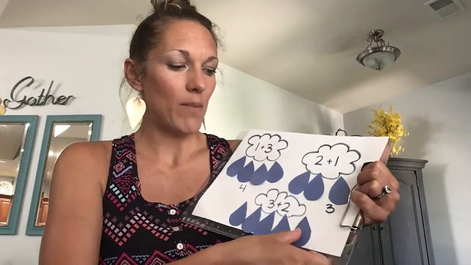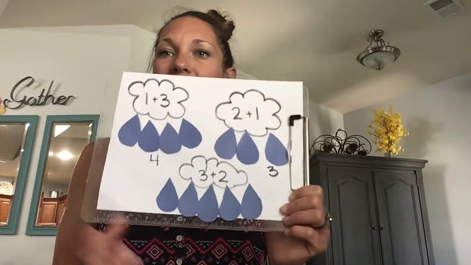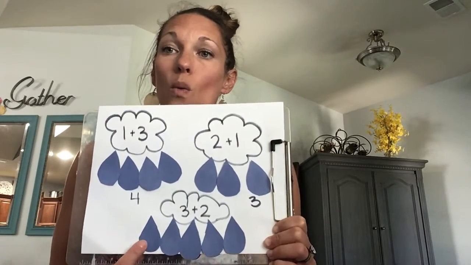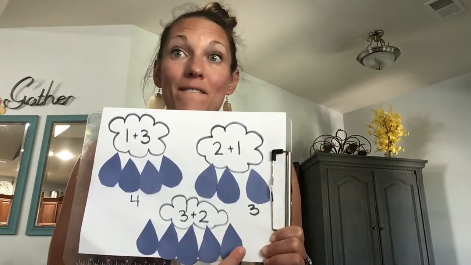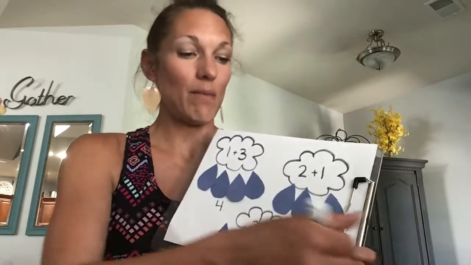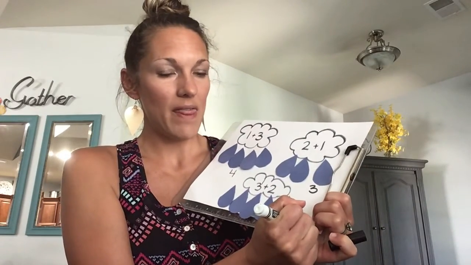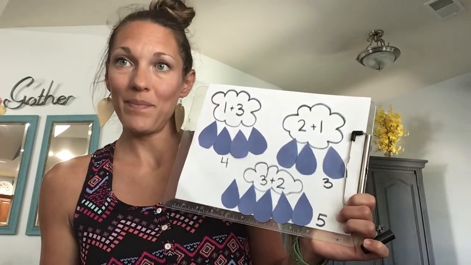And when we add, we have to count to find out how many we have all together. So let's count and find out how many we have if we add 3 plus 2. Ready? 1, 2, 3, 4, 5. So I'm going to write the number 5 here. Down and around, and then you stop. Finish the 5 with the line on top.